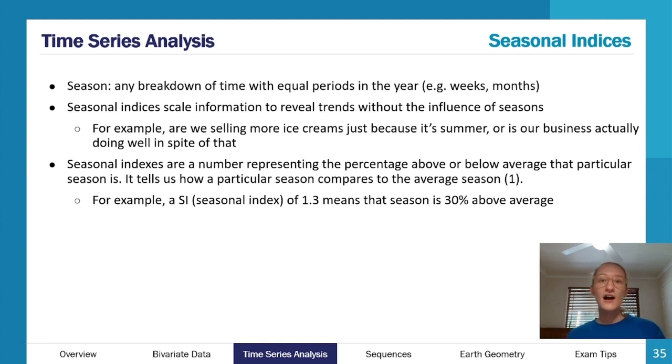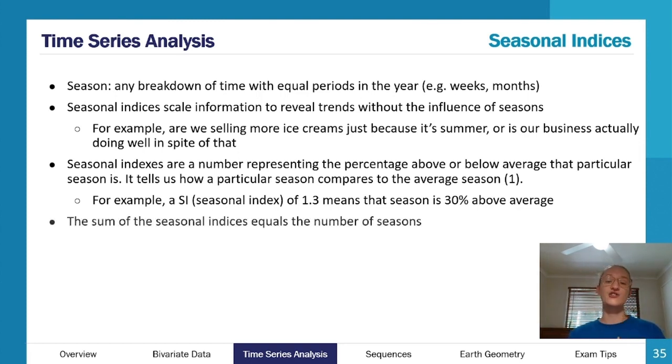And say our winter ice cream sales might be 0.5, which means that it's 50% below the average season. Because mathematically, the average season is always represented by the number 1. And when we're interpreting seasonal indices, we always interpret them in relation to the average. So again, a seasonal index of 1.3 is 30% above average. Average is 1, and 1 is representing 100%.